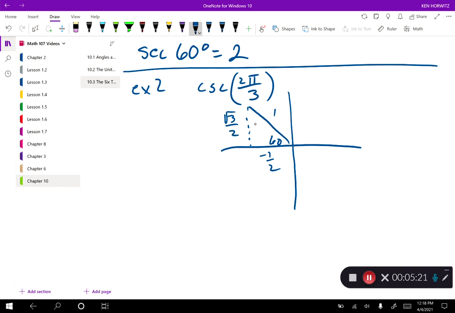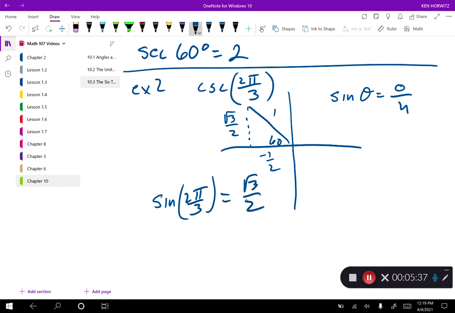So the sine is the opposite over the hypotenuse, right? So the sine of 2 pi over 3 is radical 3 over 2 divided by 1, but we don't need to do that.